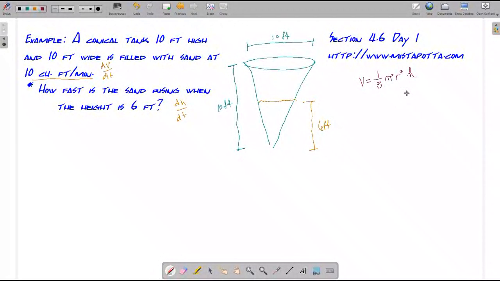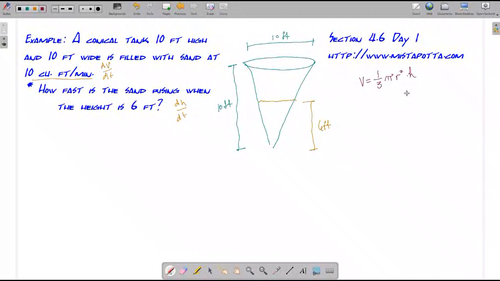And as we've talked about in section 4.4, having a relation is great, but I really want to be able to take the derivative, and in order to do that, I need a function that relates these two variables. I need a formula for volume that's a function.